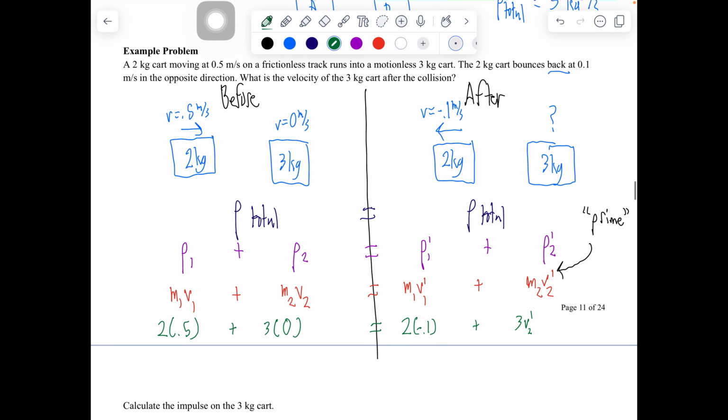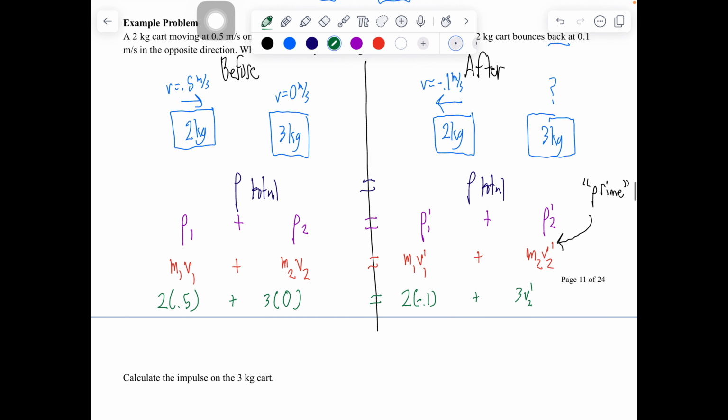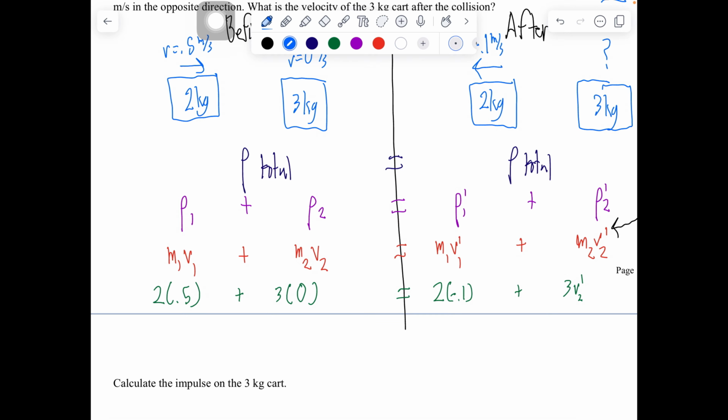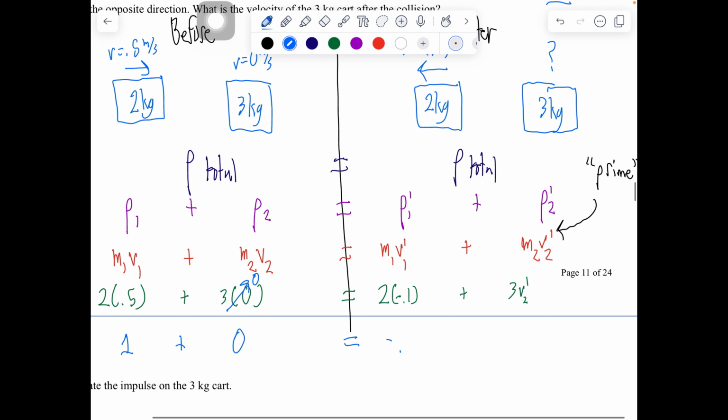Now, at this point, we're really just going to plug everything in and solve. This is just algebra at this point. 2 times 0.5 gives us 1. 3 times 0 is 0. This whole thing is going to cancel out. We get 0. Right-hand side, 2 times negative 0.1 is negative 0.2 plus 3 v2 prime.